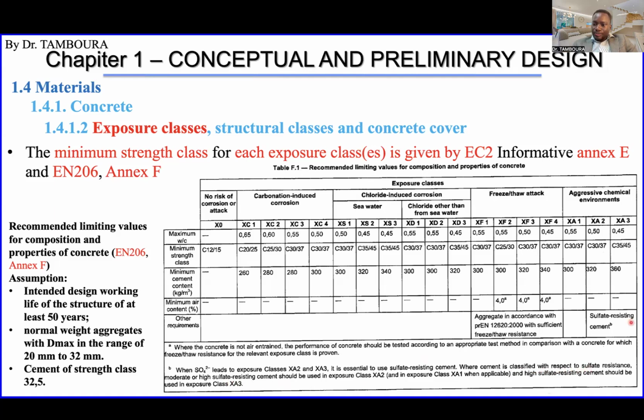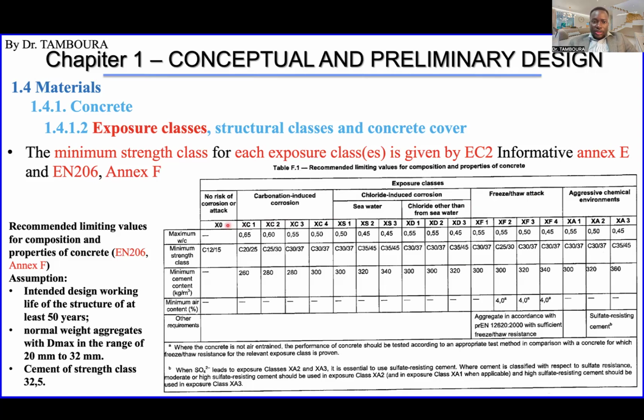So anyway, in these cases, you cannot use any cement. If you have risk of chemical attack, you have to be careful the type of cement you are using. Okay, I hope this table is well understood. It's not really complicated. I think it's not difficult to understand.